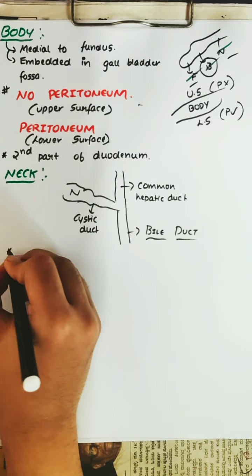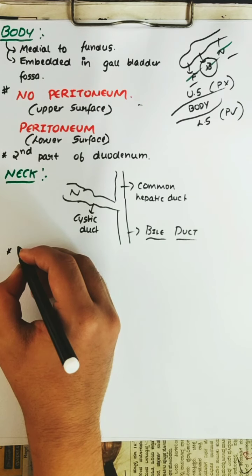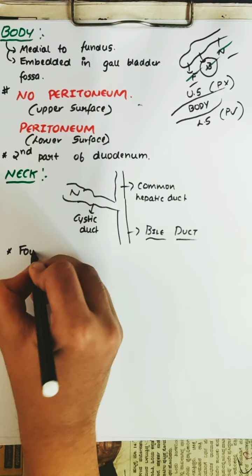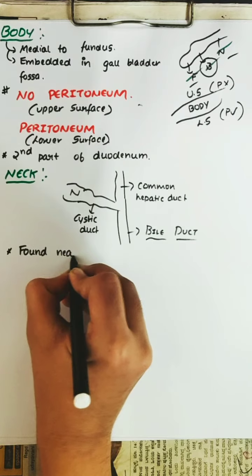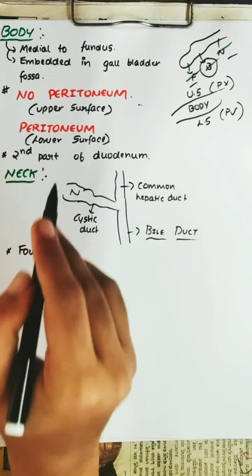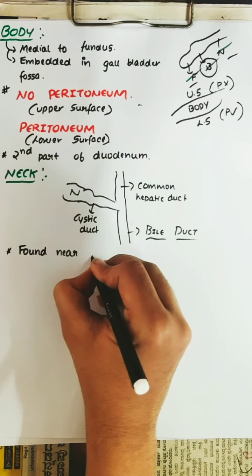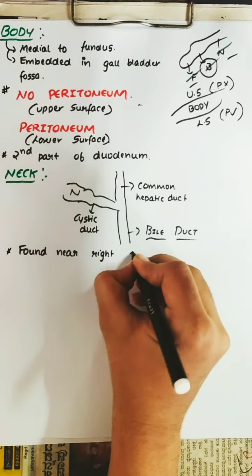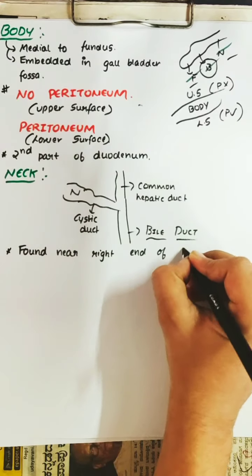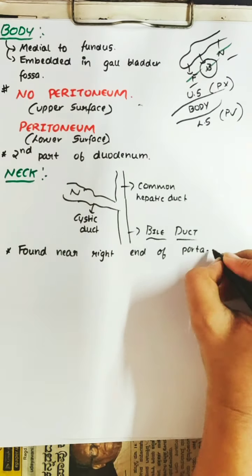It is found near the porta hepatis, near the second part of the duodenum. The fundus is found near the inferior surface of the liver, and the neck is found near the right end of the porta hepatis.